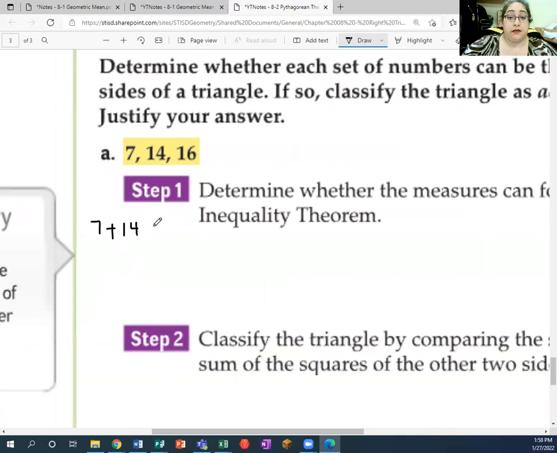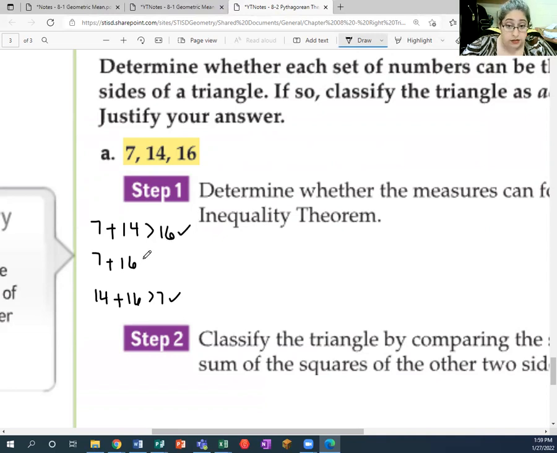Yep, that's bigger than 16. 7 plus 16. Is that bigger than 14? Yep. And then 14 plus 16. Is that bigger than 7? Yep.